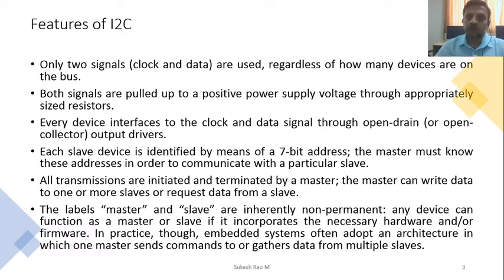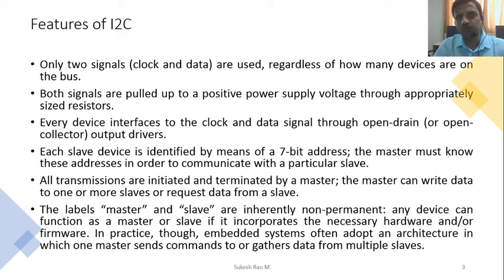When you connect any device, you need to assign a certain address. Usually that addressing is done with a 7-bit address, which is a universally adopted system. Whenever you find an I2C device, the first thing is to know the address of the device. If you have an I2C device, there should be a 7-bit address.